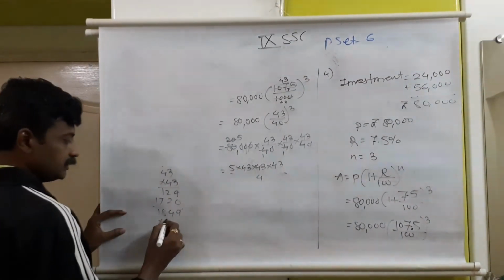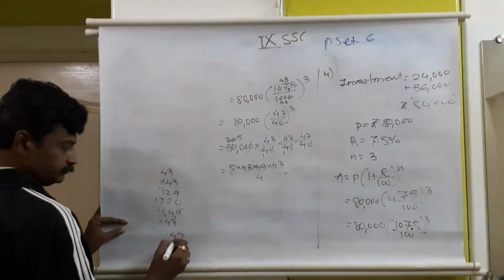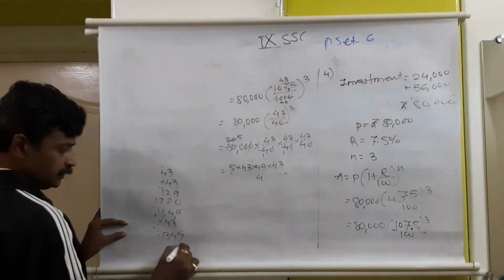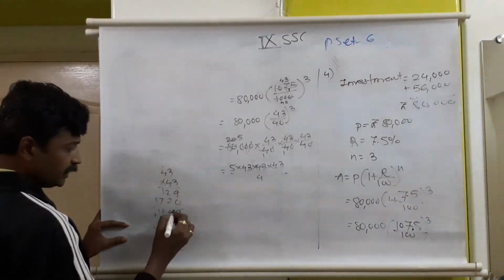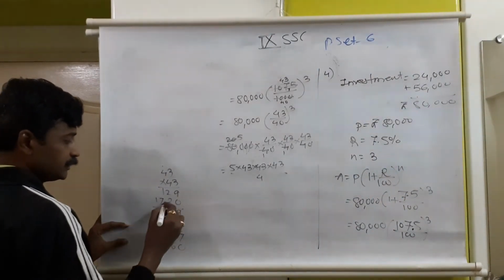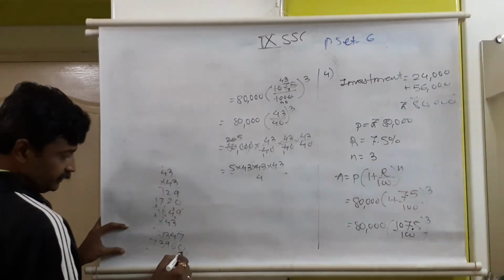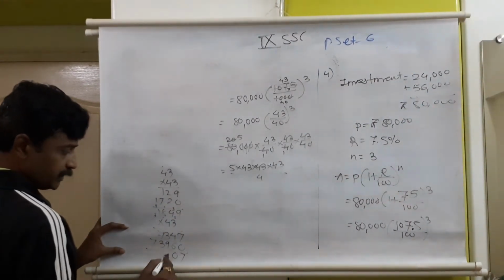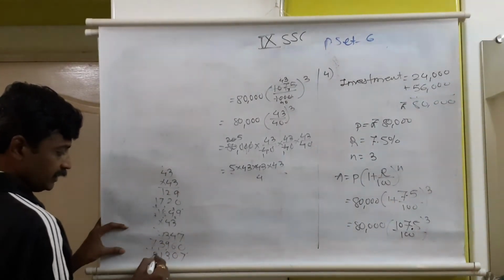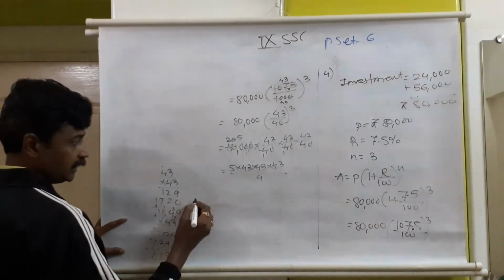Again multiplied by 43, carry 3, 0, then 4 nines are, carry 3, 4 fours are 16 plus 3 is 19, carry 1, 4 eights are 32 plus 1 is 33, carry 3, 4 ones are 4 plus 3 is 7, 6 plus 4 is 10, carry 1, 9 plus 1 is 10 plus 3 is 13, carry 1, so 11, carry 1. 81307 is the cube of 43, again it is multiplied by 5.